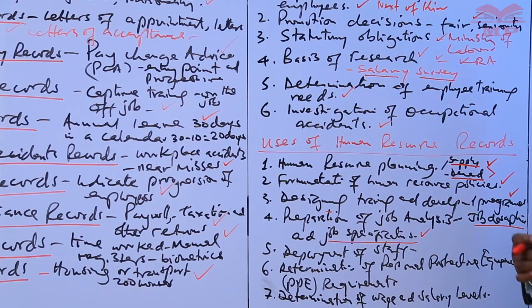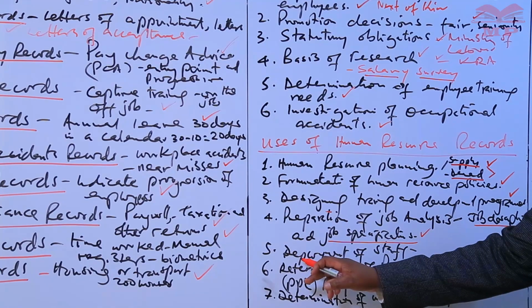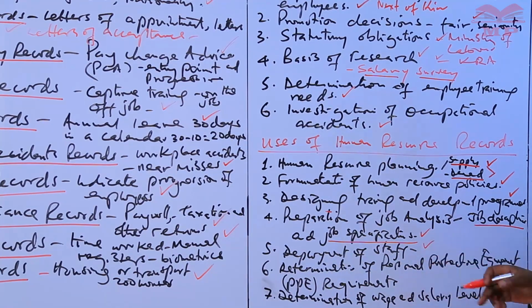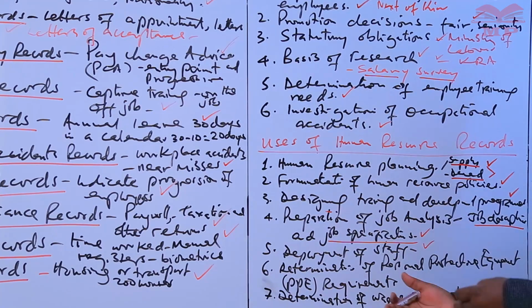And number 5, human resource records will give you the aspect of deployment of staff. You are able to know if in one area you have this number of staff, who can you deploy to meet the staff needs.